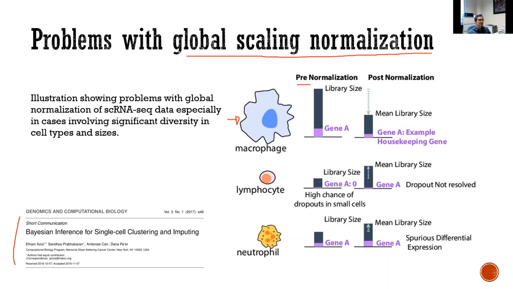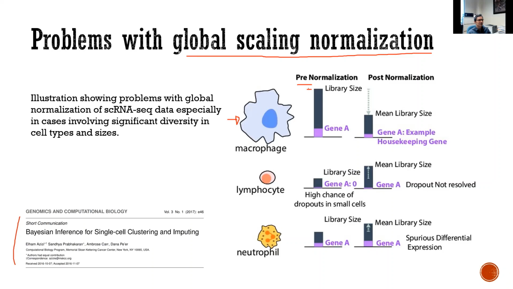So before normalization, you see the library size for data from macrophages is much larger than the other cell types. If we still naively assume they should have the same level of library size, we will normalize by the same scaling factor and force them to be equal.